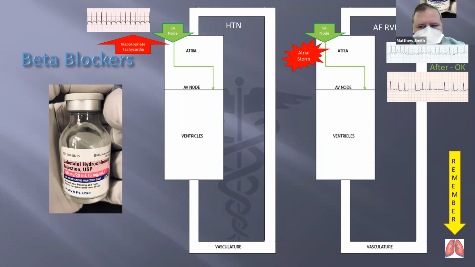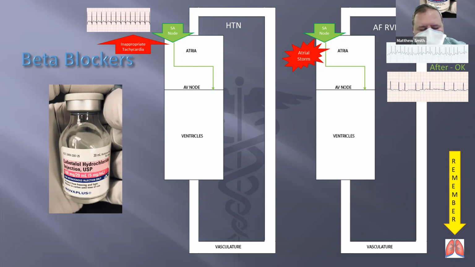And you can see that happening here. We have a very fast atrial rhythm on top, and then we've suppressed the intensity of the atrial storm, and we have a slower ventricular rhythm. And remember, again, this is all about the ventricular rate. That's what's going to determine our overall heart rate.